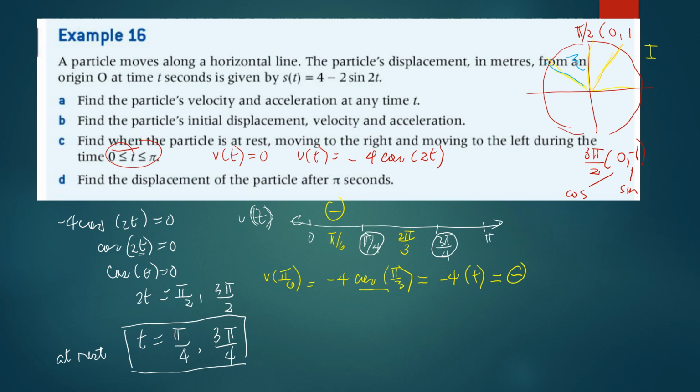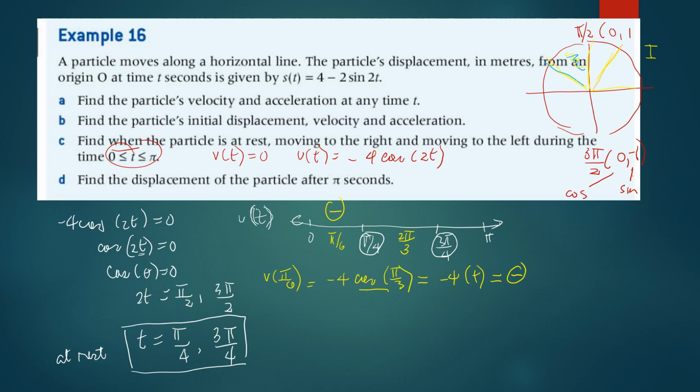Now this is in radians. The test value must be between pi over 4 and 3 pi over 4, so it must be less than 3 pi over 4. So how do we check that? We go to our elementary algebra. We're comparing 2/3 and 3/4, right? So this is 9 and this is 8. So 2/3 is less. It's less than 3/4. So we can use that as our test point.